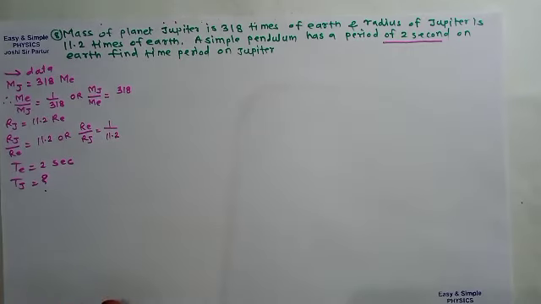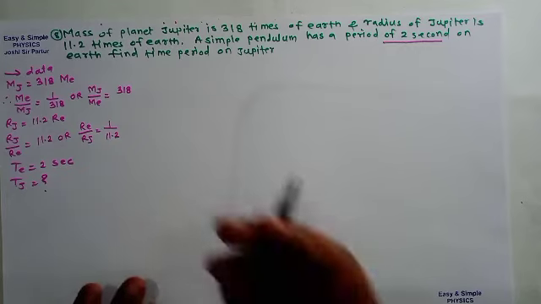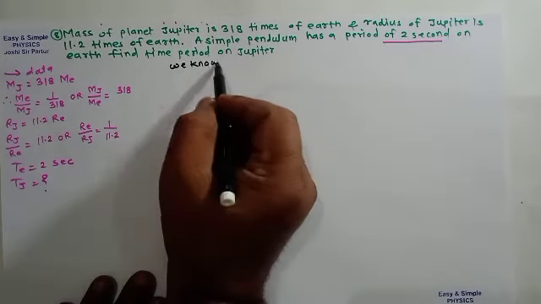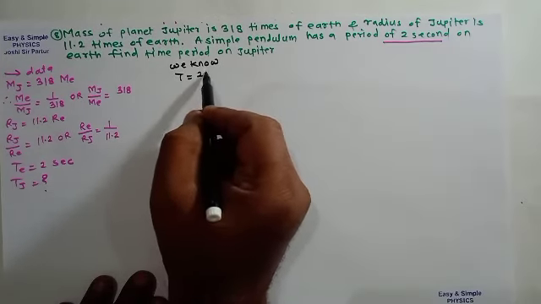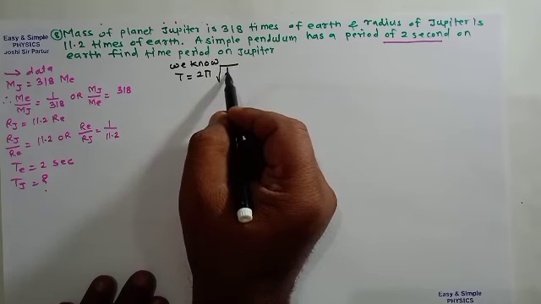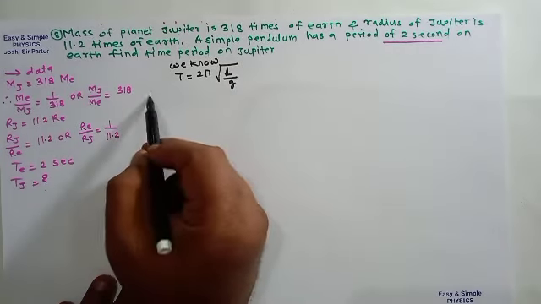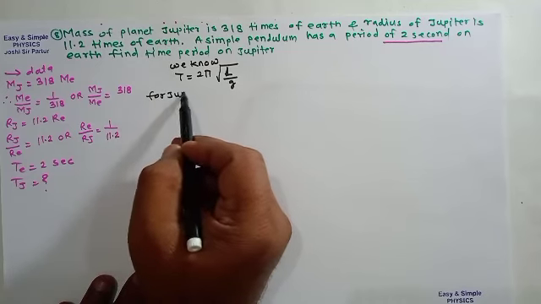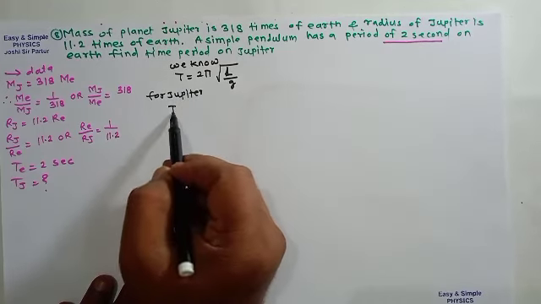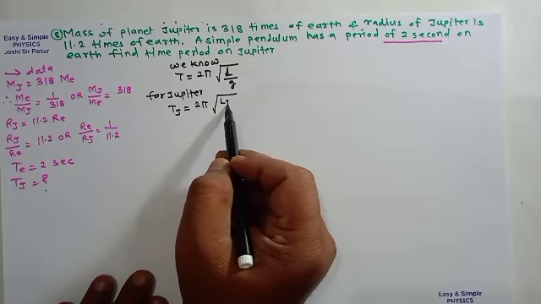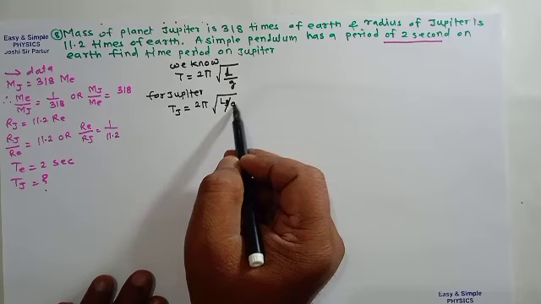So we can use a formula. We know time period T equal to 2 pi square root of L upon g. For Jupiter, time period will be Tj equal to 2 pi square root of L upon g Jupiter.